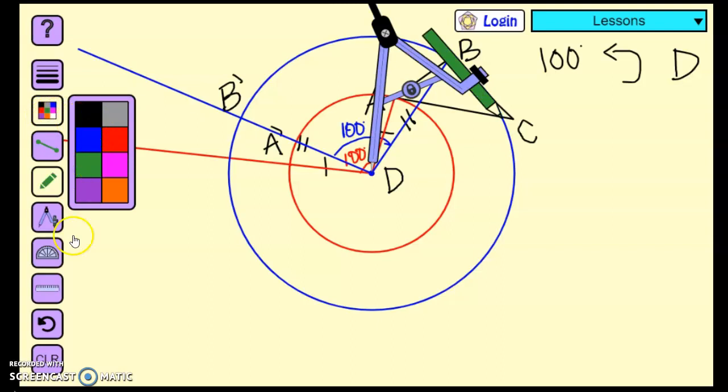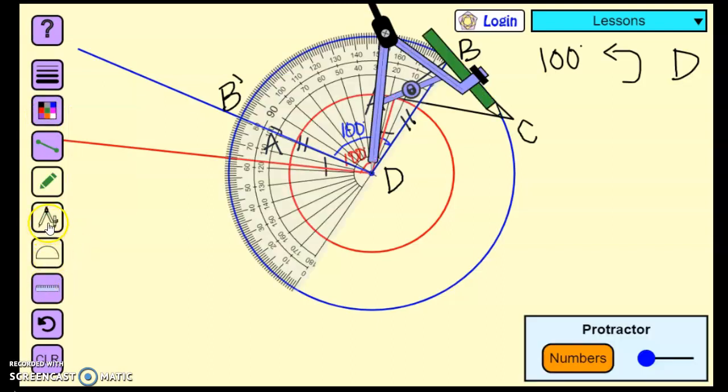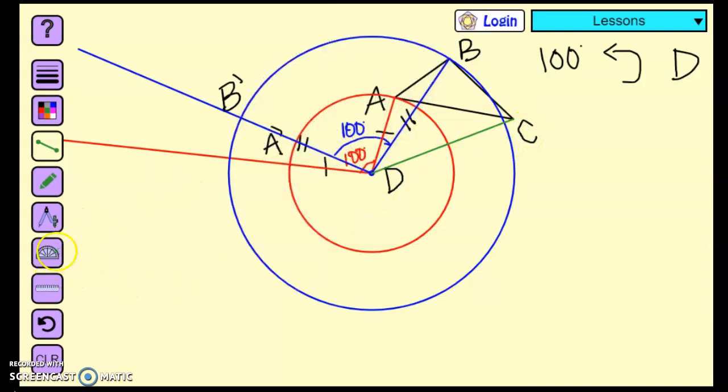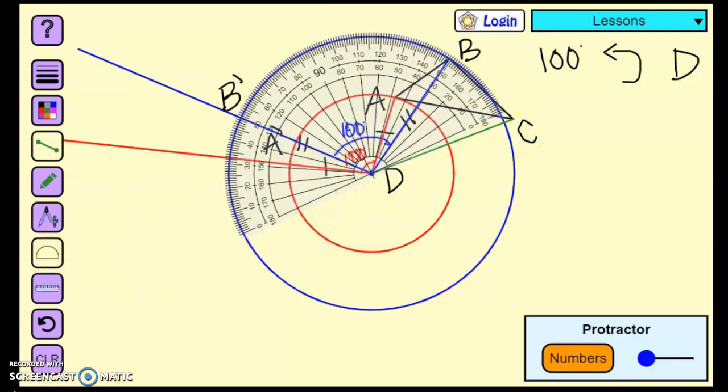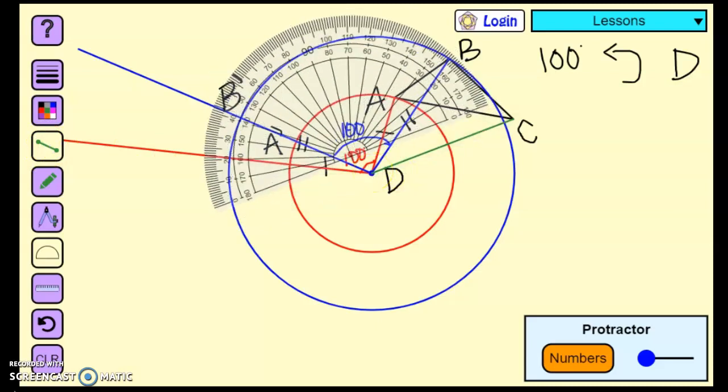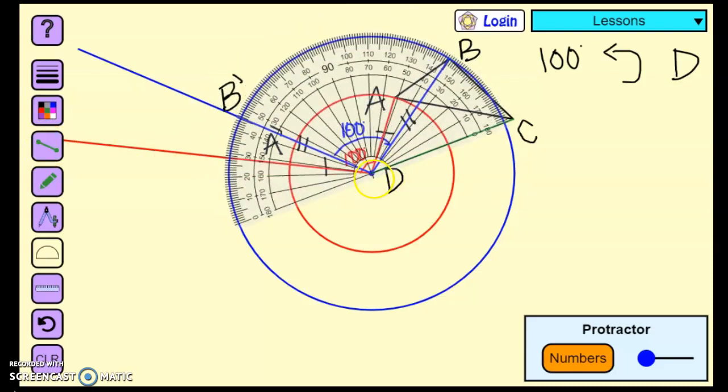Okay, I'm going to repeat this one more time with my protractor. First I'm going to make the distance from C to D. Then I'm going to use this protractor, line up one side with CD, make sure that works. Then I'm going to use the segment tool, draw a ray, if it will let me.